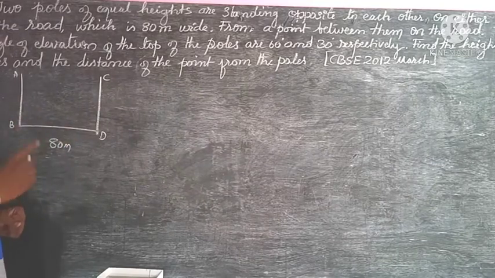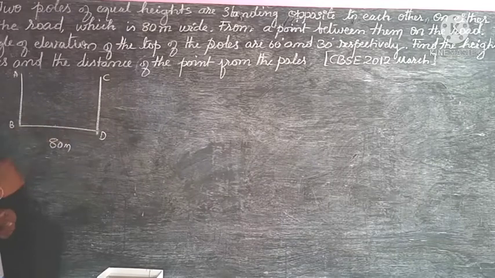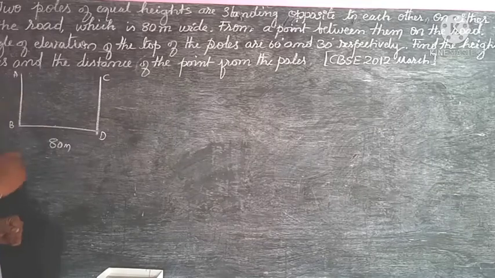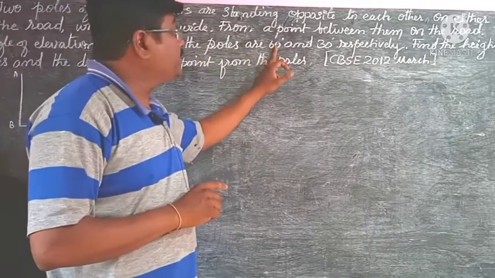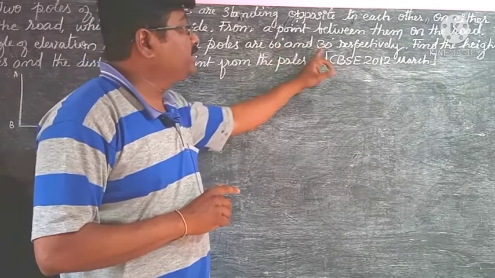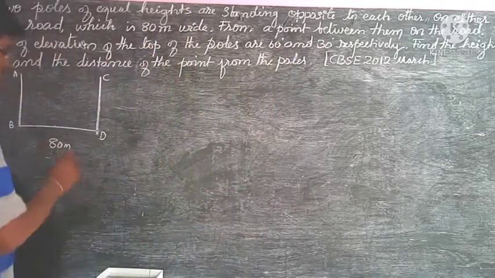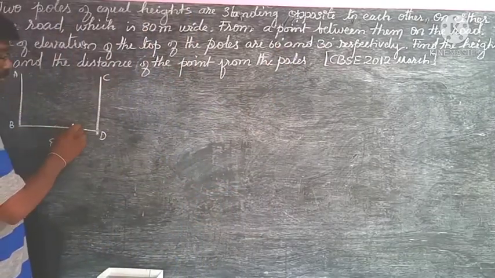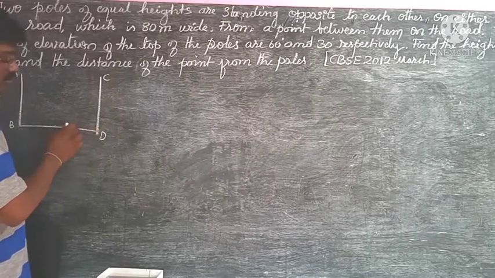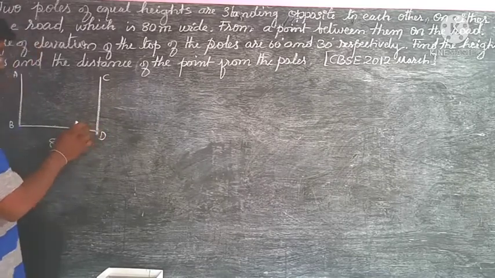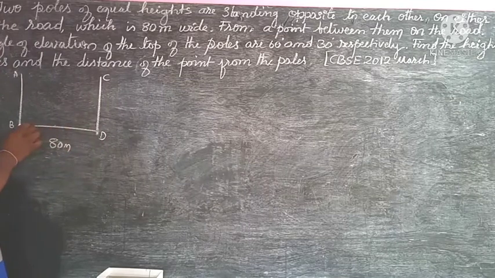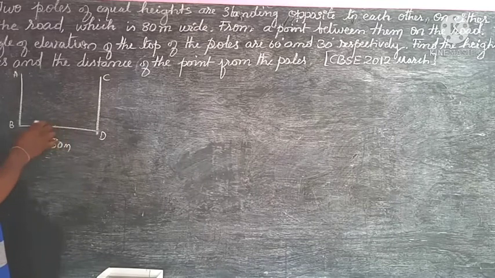The point could be in the middle, or near CD, or near AB. So how do we identify this? If the angles are 60 degrees and 30 degrees respectively, then as the point moves towards CD, the angle of elevation increases, and as it moves towards AB, the angle of elevation increases.